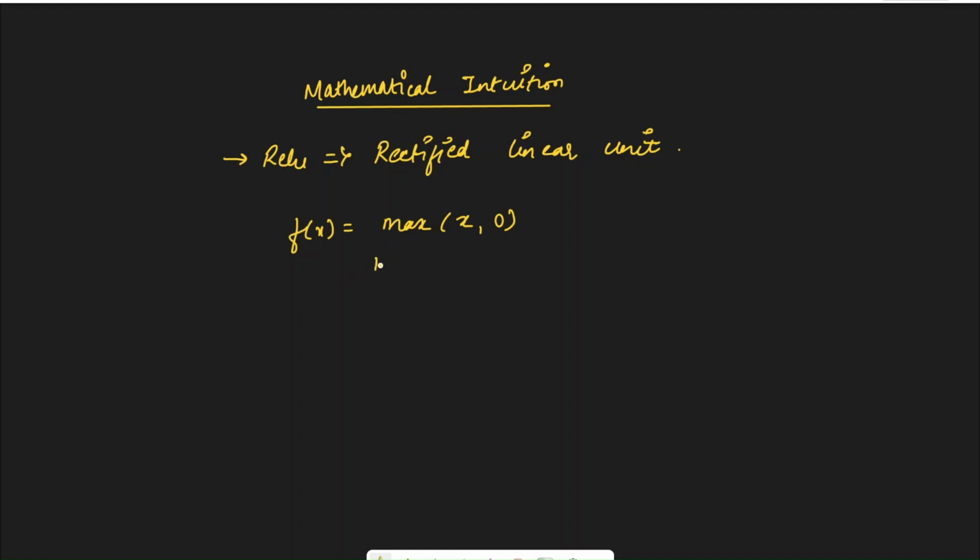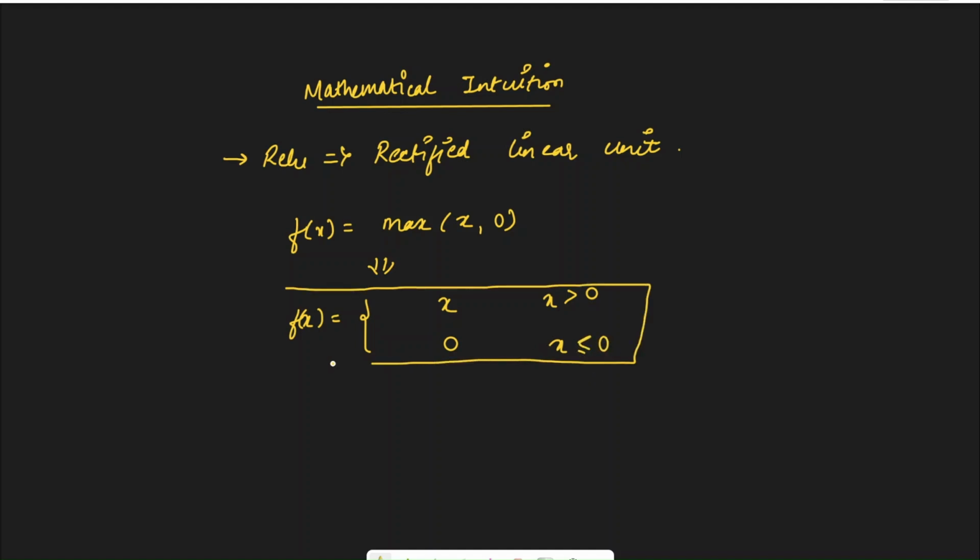So we can rewrite this as f of x is equal to x if x is greater than 0 and 0 if x is less than or equal to 0. So it is just doing a comparison of whether x is greater than 0, then it would be the value x. Otherwise, it will be value 0 in the negative region or when x is 0.